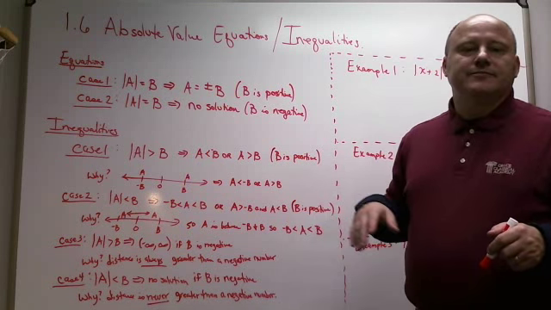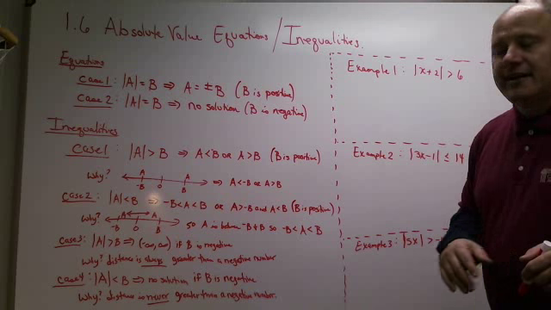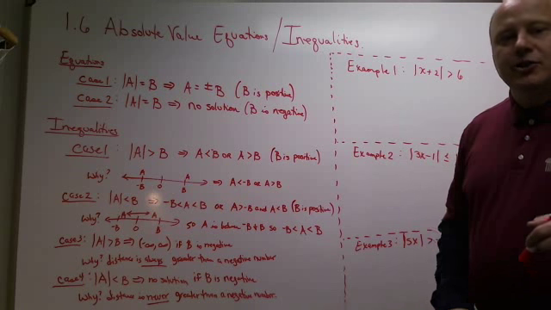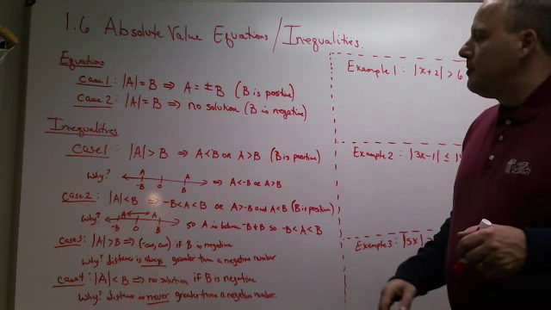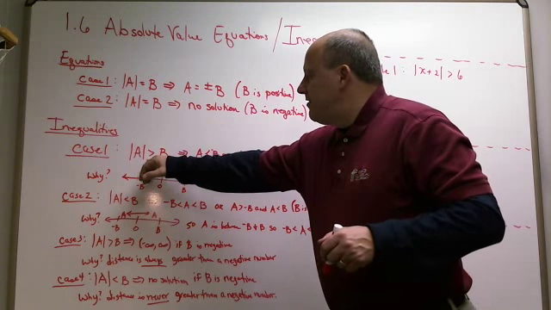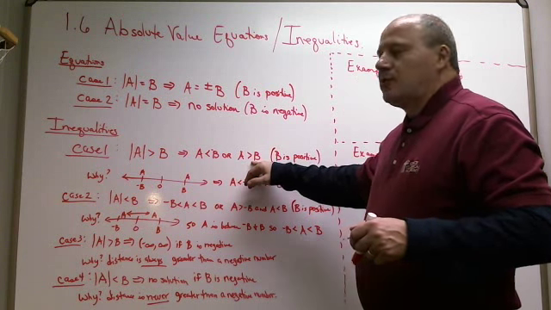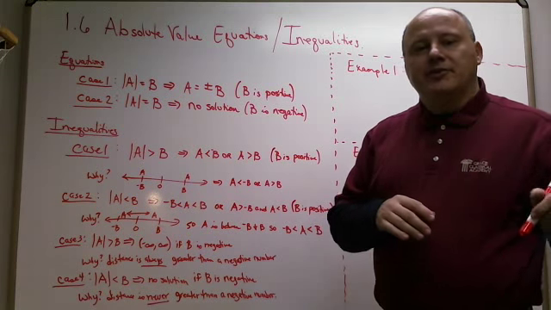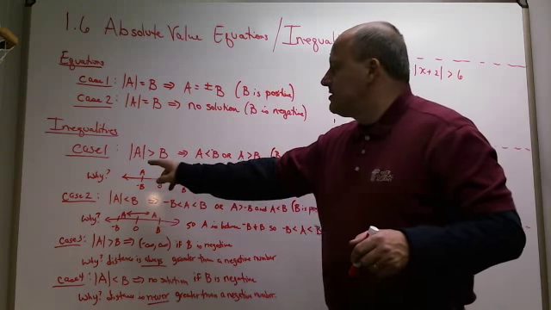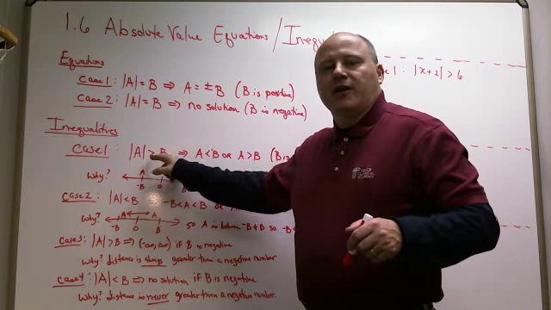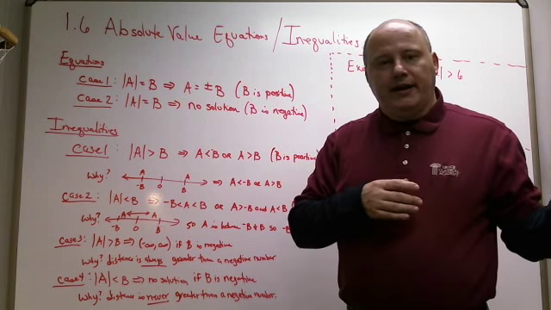Now, I did one of those cases down here in my example 3 to show you what's going on. But what this is saying is the absolute value of A is greater than B when A is on the left side of negative B or A is on the right side of B, because A has to be farther from 0 than B is. That's what that's saying. The absolute value of A is greater than B, basically saying A is farther away.